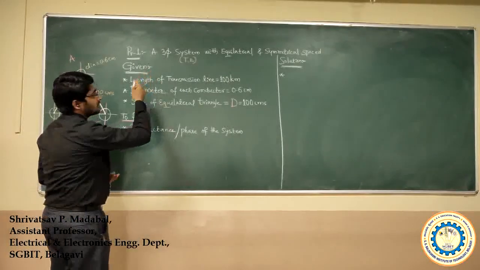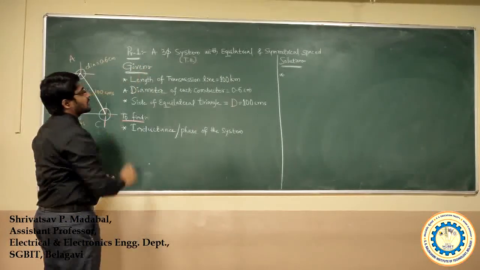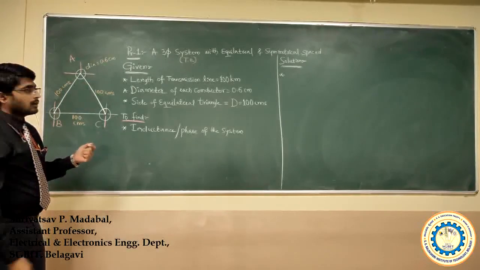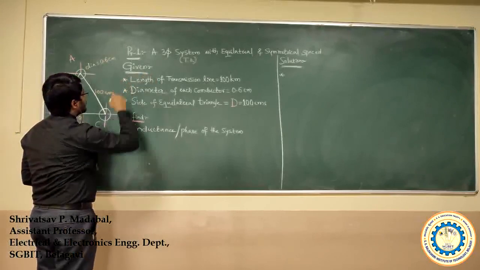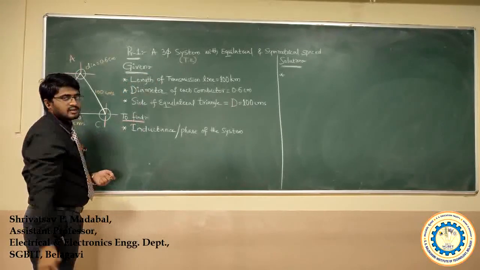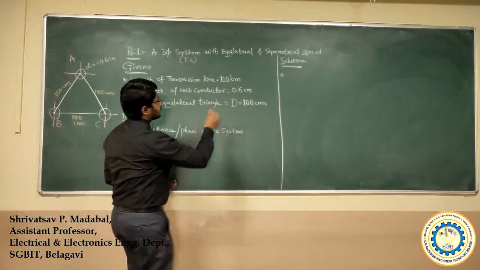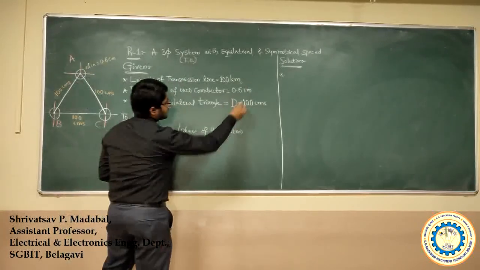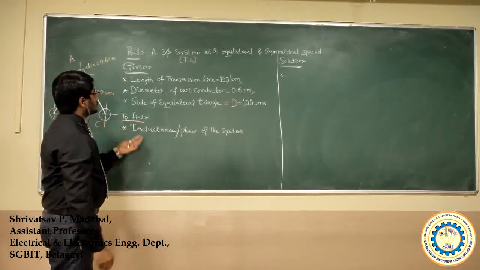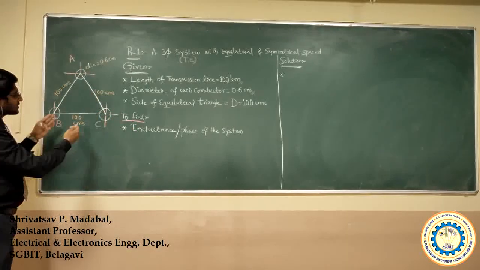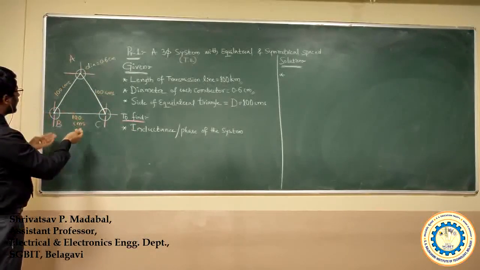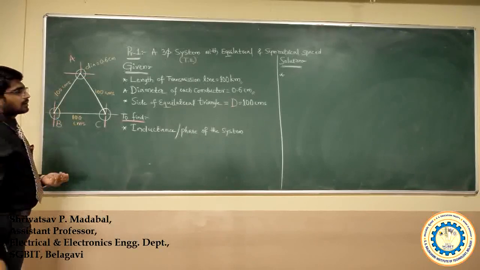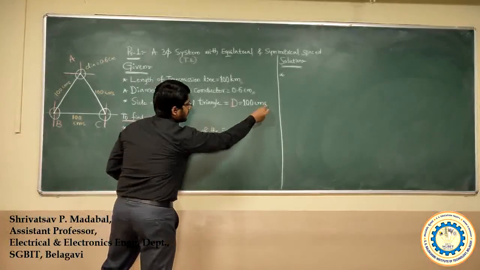As per the statement of the problem, it comprises a three-phase system with equilateral and symmetrically spaced conductors. The given things are the length of the transmission line, 100 km, which I have represented here, and the diameter of each conductor, 0.6 centimeters. In this arrangement the three-phase conductors are placed equilaterally, so each side of the equilateral triangle is 100 centimeters.